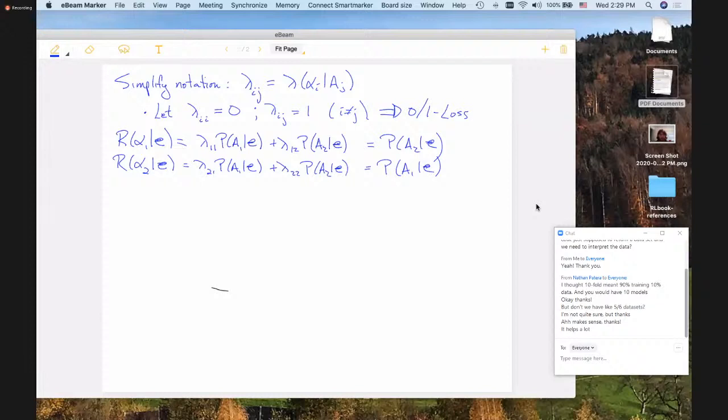Because we're minimizing, here we would choose alpha 1 if the risk of alpha 1 given the evidence is less than the risk of alpha 2 given the evidence. Okay?